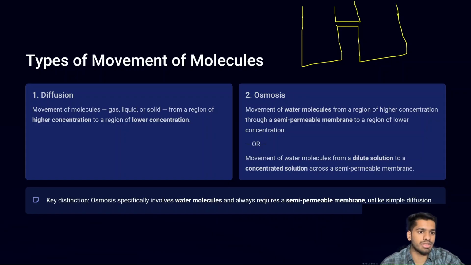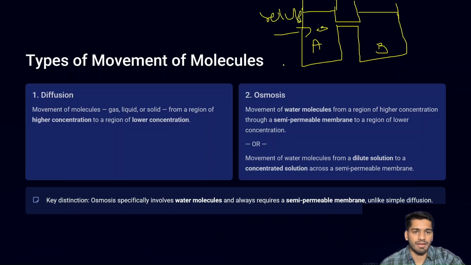So in both beakers, I have the same amount of water, but in this beaker, that is beaker A, and this is going to be my beaker B, I have more amount of solute, meaning it is more concentrated. When I say concentrated, it means it has more solute and less solvent.